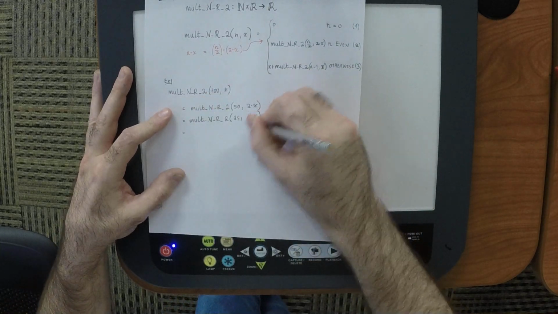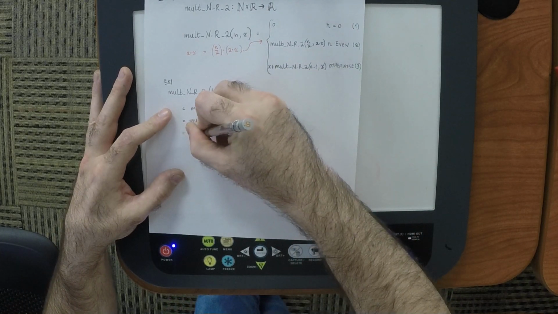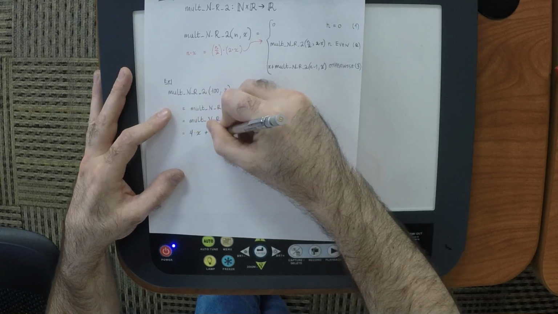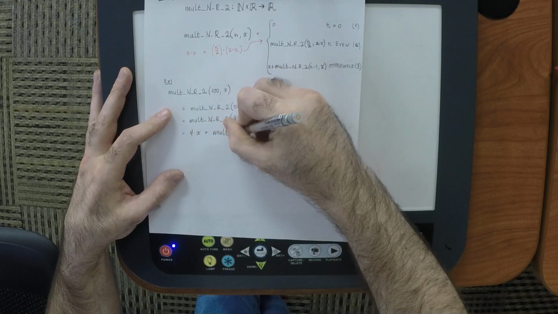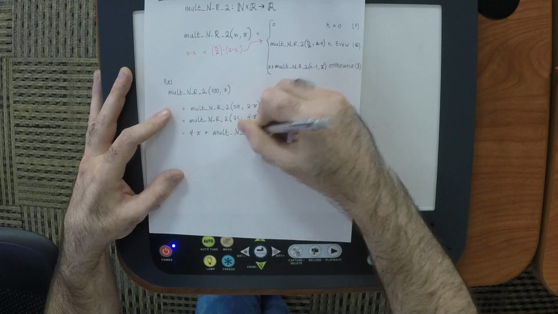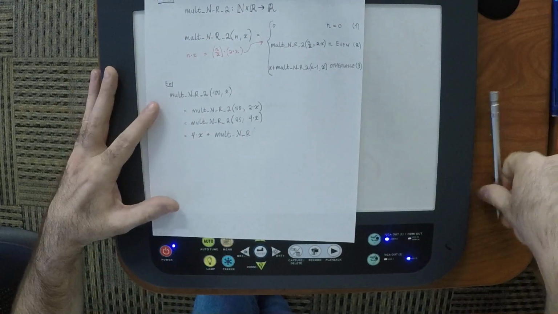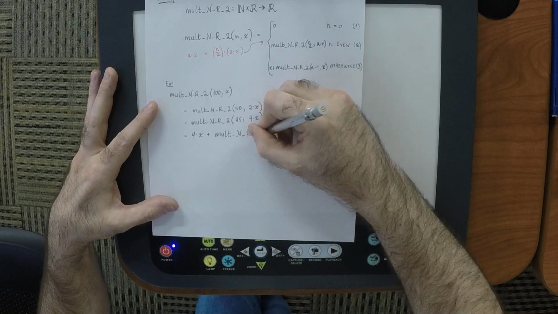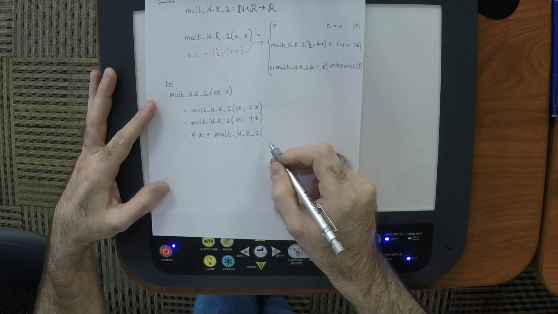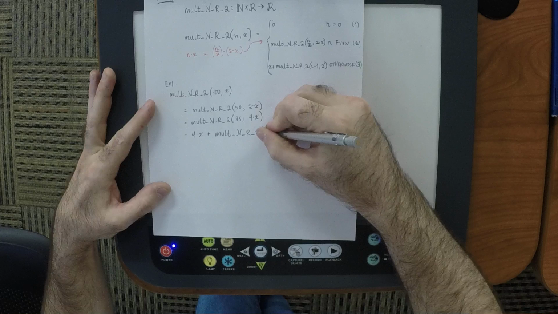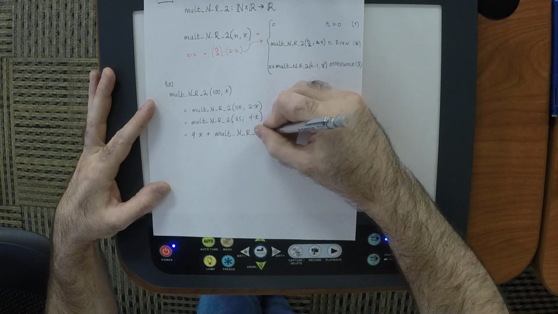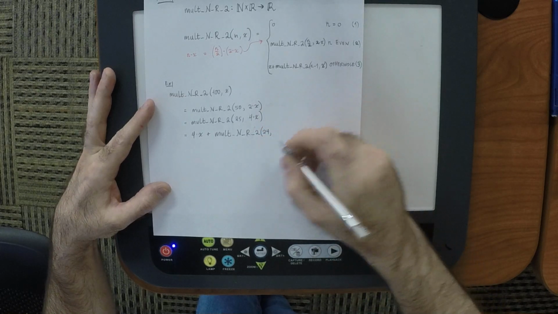So this would be, we take out the 4x and write 4x and then plus mult in R2. And then what are the new arguments? They are 24 and what? 4x.